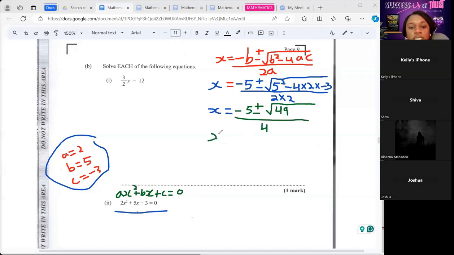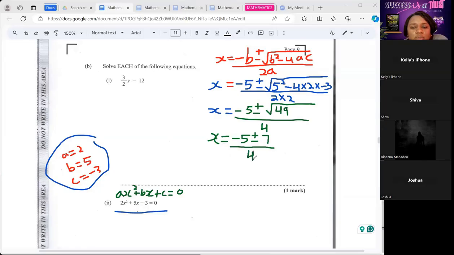Once you reach this stage, the next thing you're really supposed to do is find the root of 49. And some of you should know that in your head. The root of 49 is 7. The thing is, the more things you know in your head, the faster you'll be able to do maths. And when we take it long, Lord have mercy. So we have here the root of 49 is 7, right? 7 times 7 is 49.